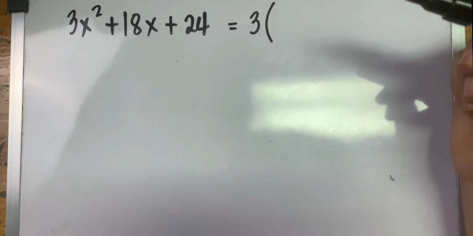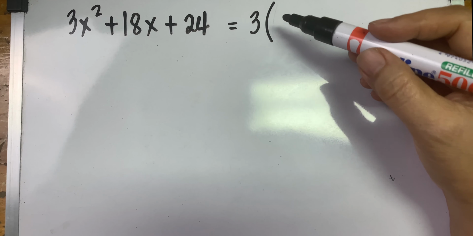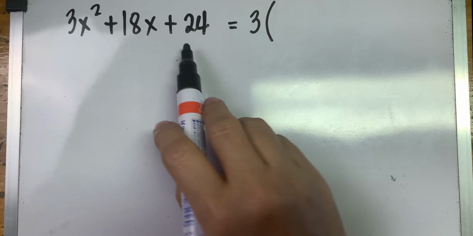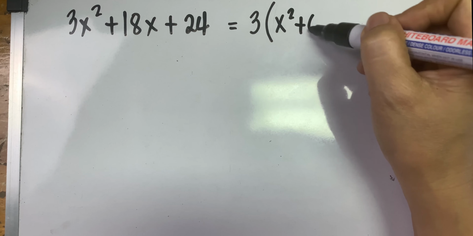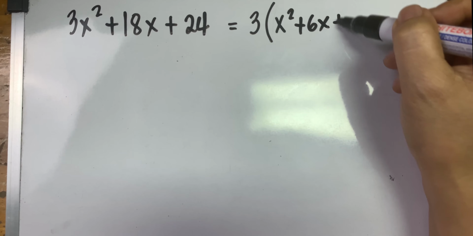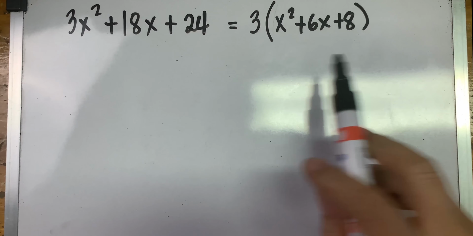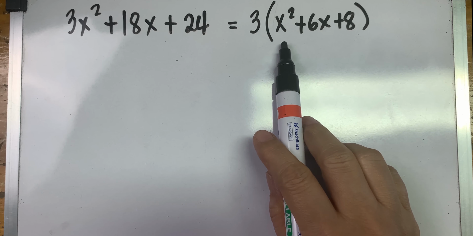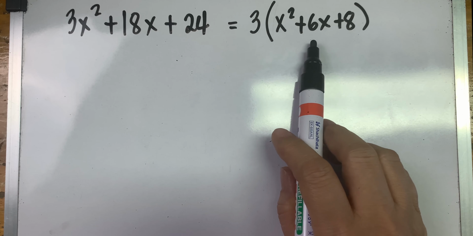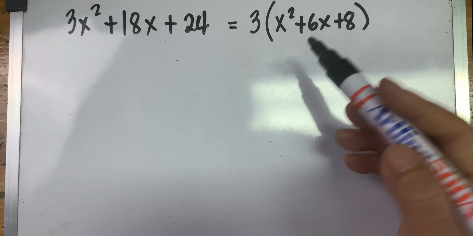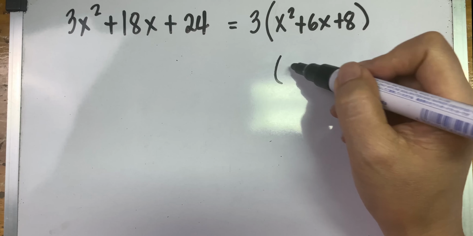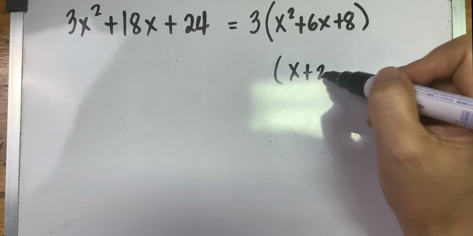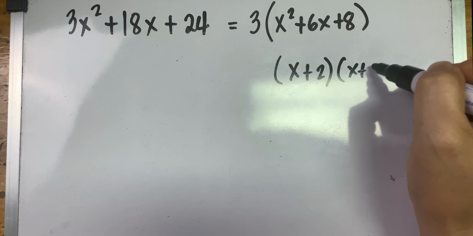Ilabas natin yon. So, therefore, if we divide all of this by 3, we'll have x squared plus 6x plus 8. Remember, ito yung finactor natin kanina na x squared plus 6x plus 8. So, di ba nakita na natin yung factor natin na x plus 2 at saka x plus 4.